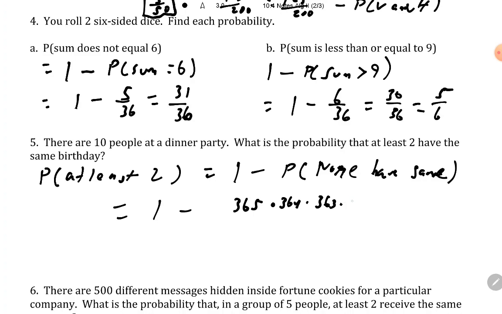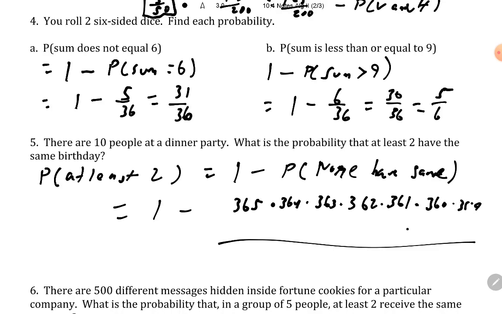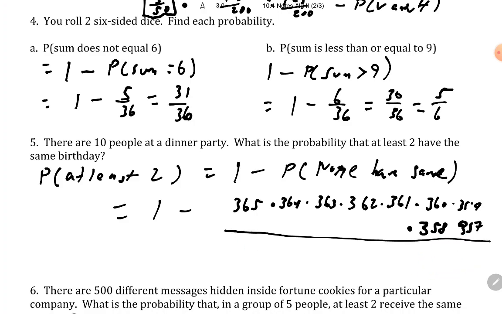That's the third guy. Then the fourth guy, 362. Fifth guy, 361. 360. 359 times 358. And then the 10th guy will have 357 days to choose from, all divided by 365 to the 10th.